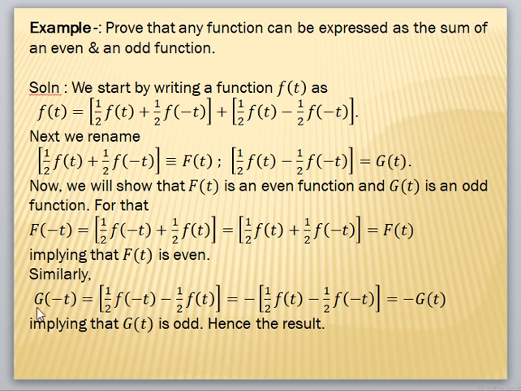So we can write capital F(-t) is equal to capital F(t), that is capital F(t) is an even function and capital G(t) is an odd function. But what is small f(t)? Small f(t) is equal to capital F(t) plus capital G(t). So small f(t) can be expressed as the sum of two functions, one is even and the other is odd.